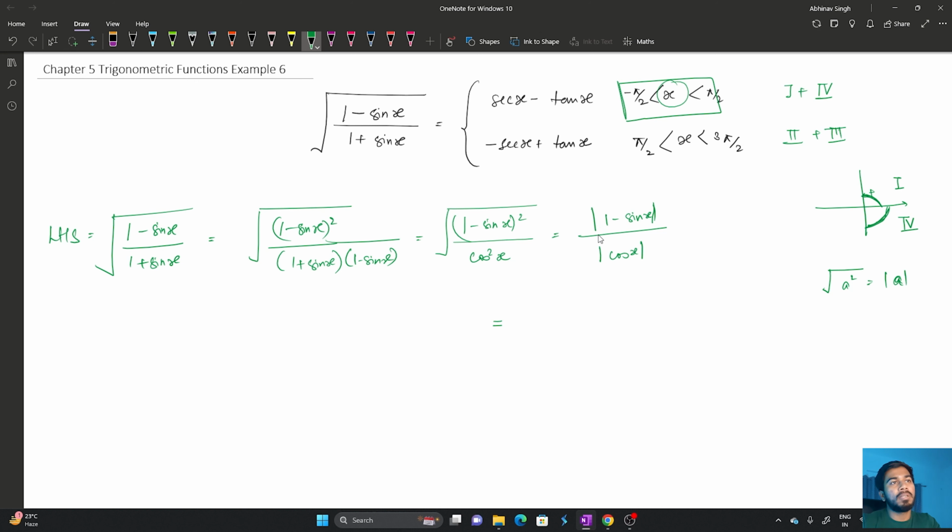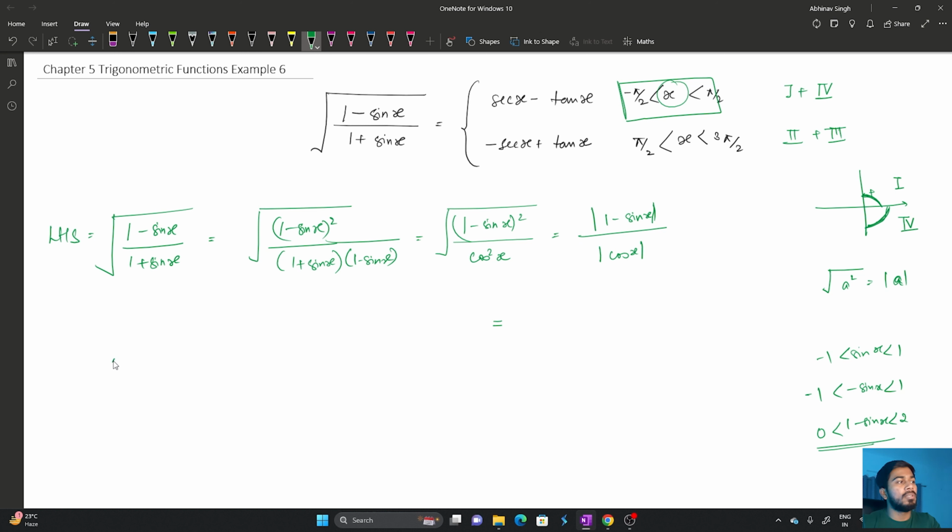Now if you look at the numerator, it is 1 minus sin x. So sin x lies between 1 to minus 1, minus sin x will lie between 1 to minus 1, and 1 minus sin x will lie between 2 to 0. So it will always be a positive number.